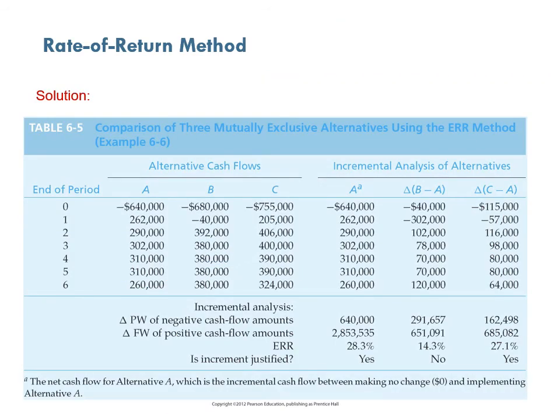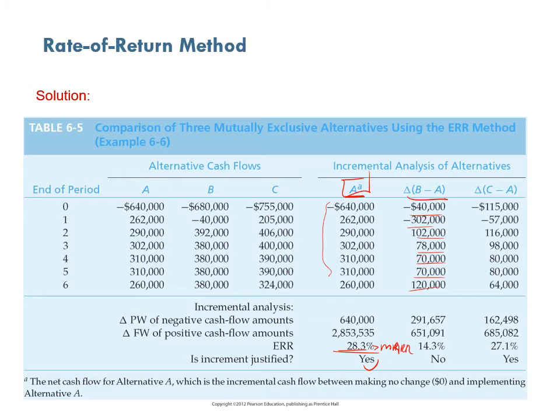So the analysis is here. For A, we first select it as the potential base project. We calculate its ERR value, and the ERR value is greater than MAR, so the increment is justified. It means that A is our base project. Then we compare B minus A, so these are the cash flows of the difference.